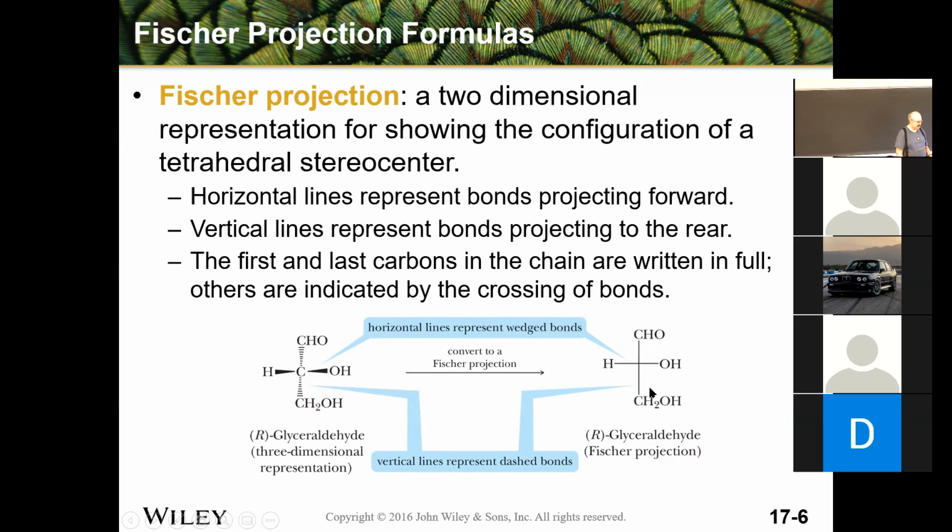So this Fischer projection corresponds to this 3-dimensional model. The first and last carbons in the chain are written in full. Any chiral centers are indicated by the crossing of bonds. So this pair of intersecting lines indicates a chiral center.